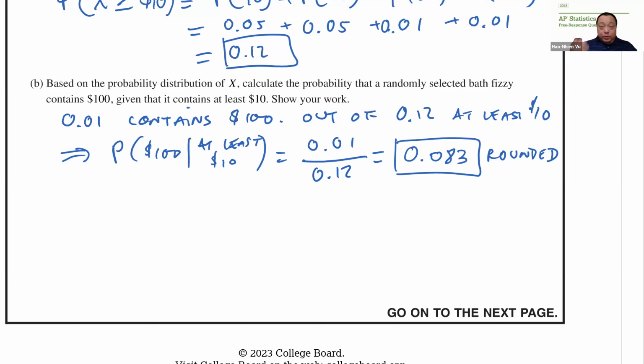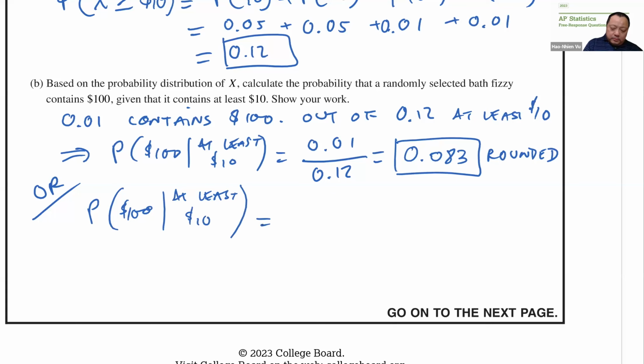Now, if you want to use the conditional probability formula, you can. Probability of B given A is probability of A and B divided by probability of A. So this part here goes in the denominator, and the both of them go in the numerator.